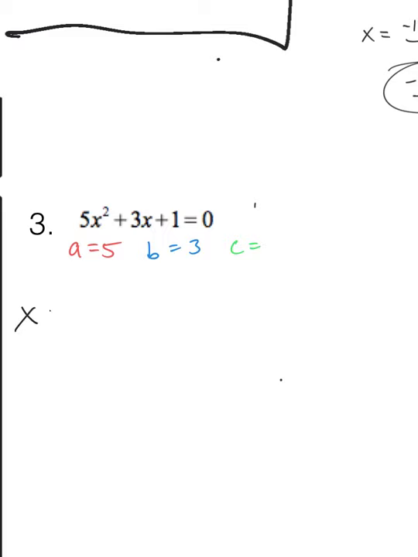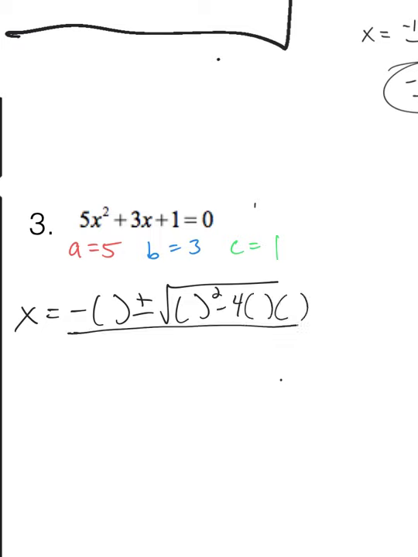X equals negative b plus or minus the square root of b squared minus 4 times a times c all over 2a. And wherever I see an a, I'm going to put a 5. Wherever I see a b, I'm going to put a 3. Wherever I see c, I'm going to put a 1. And then I'll start to simplify.